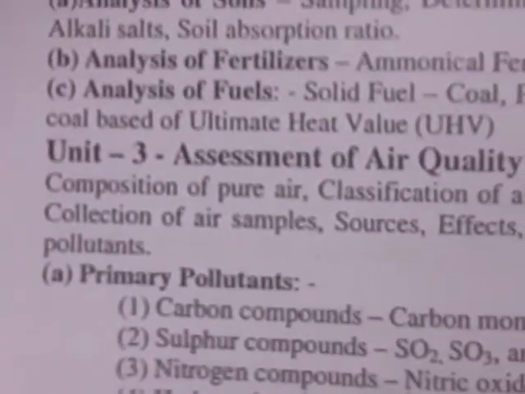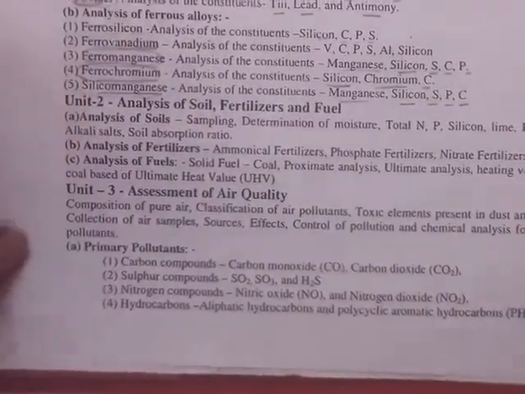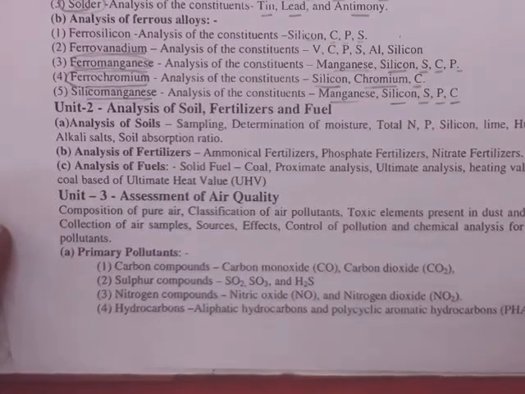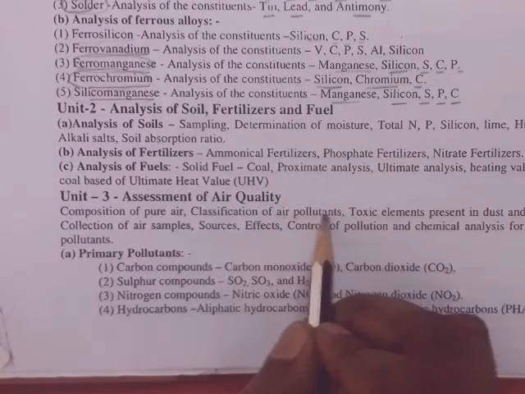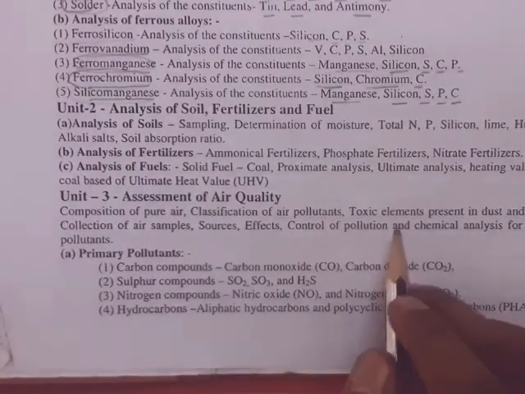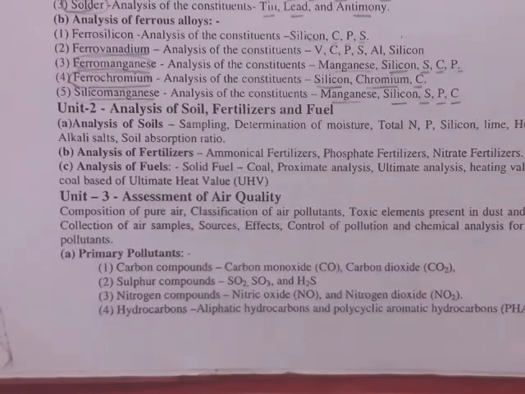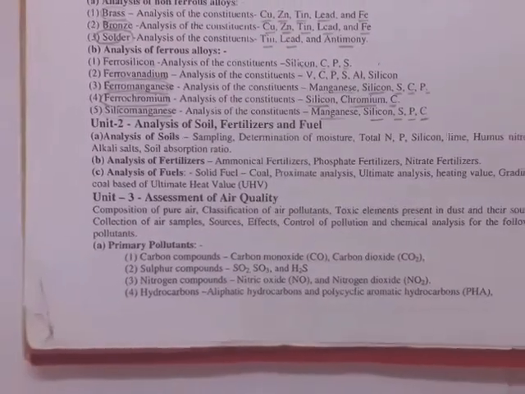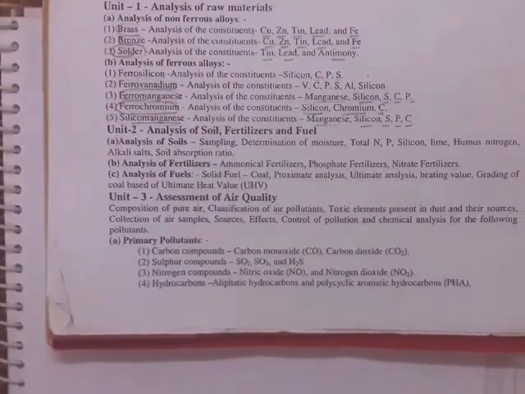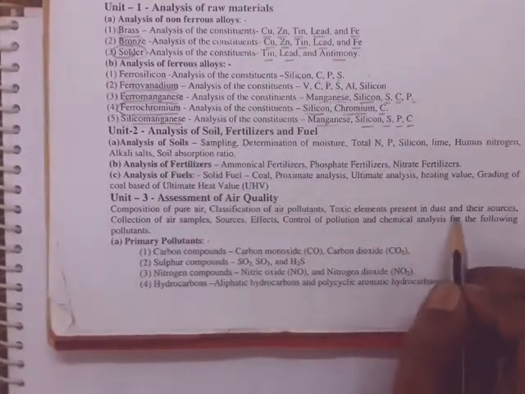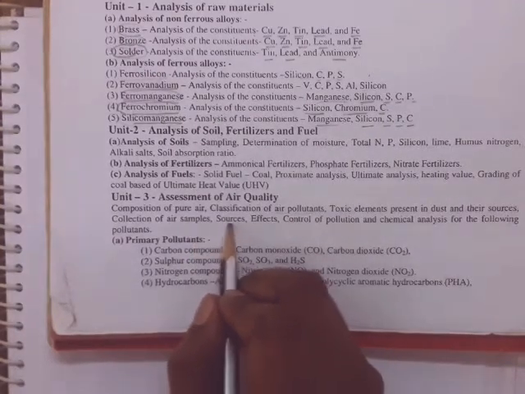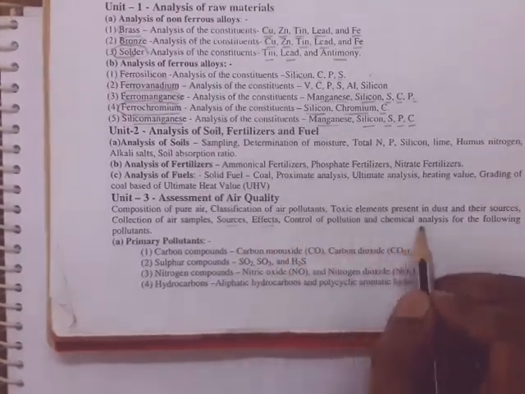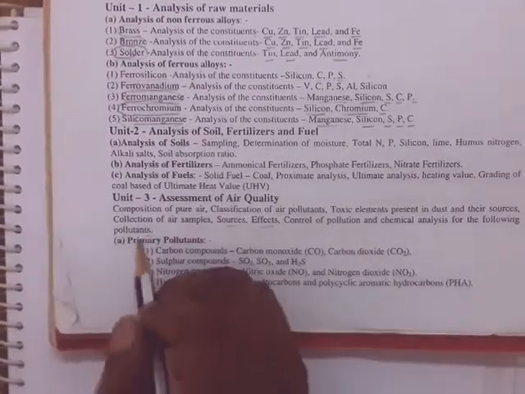Here you can learn about the composition of pure air, classification of air pollutants, toxic elements which are present in dust and their sources, collection of air samples, sources, effects, control of pollution and chemical analysis for the following pollutants.